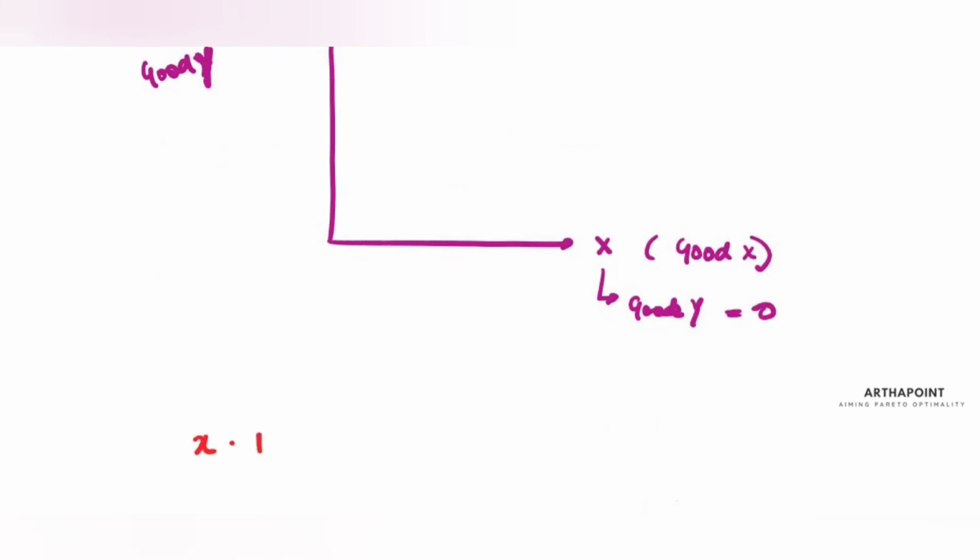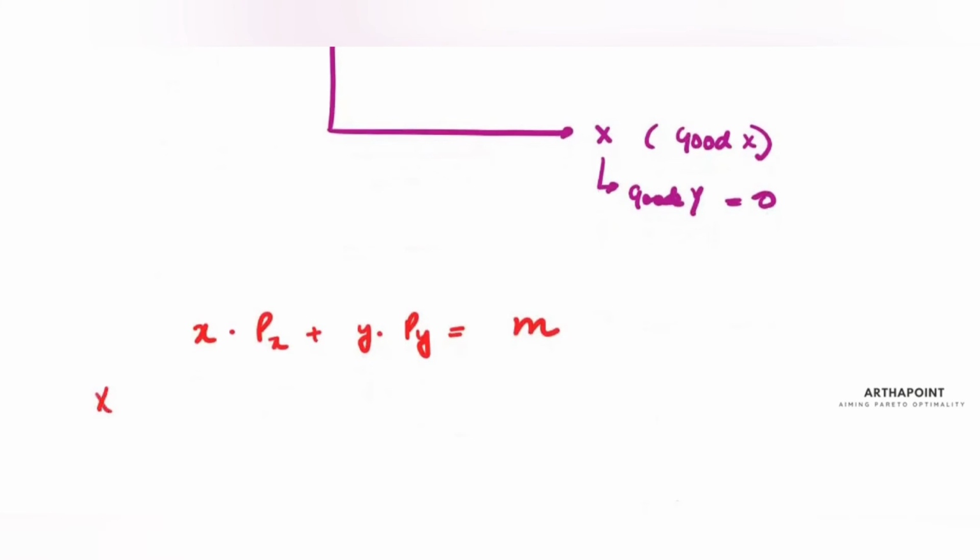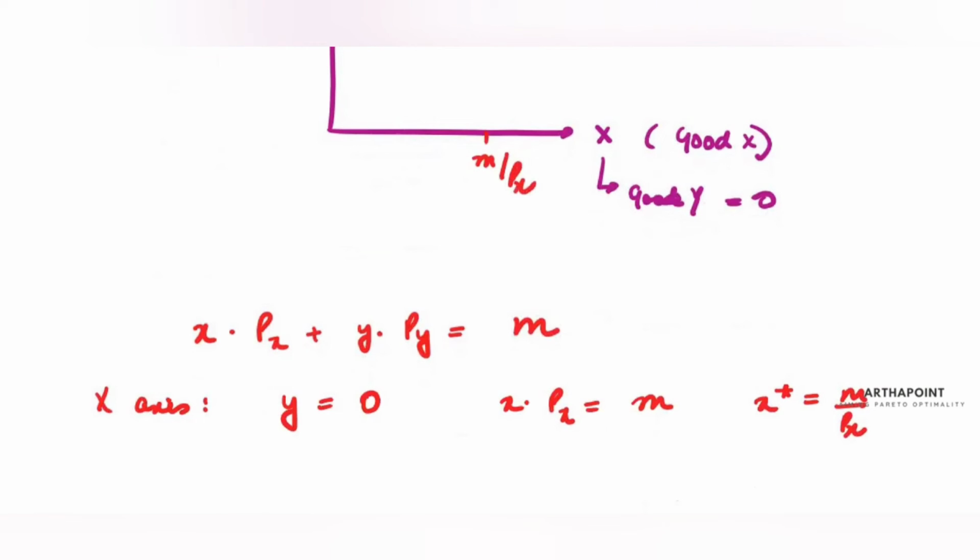I say X into Px plus Y into Py is M. On the x-axis, your Y is 0. So you will get X into Px is equal to M. So your X will be M by Px. So this will be my intercept on the x-axis.